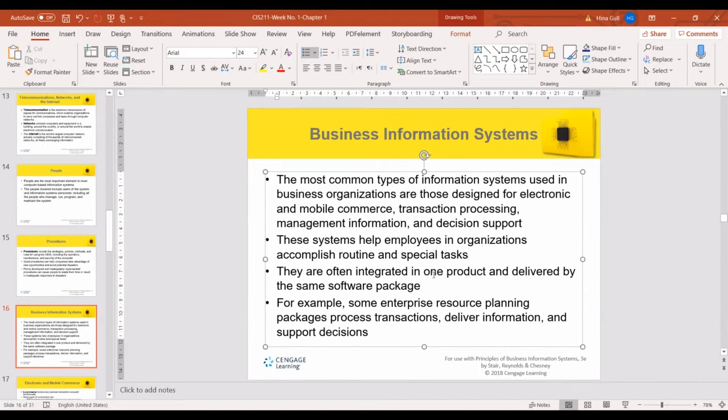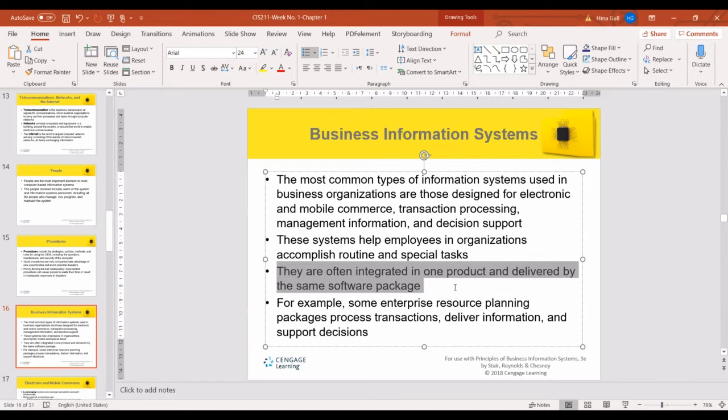They are often integrated in one product and delivered by the same software package. So the information system is actually a collection of subsystems. Like in PeopleSoft, you have the attendance system, you have the faculty schedule, you have advising, you have add courses, registered courses, drop courses.